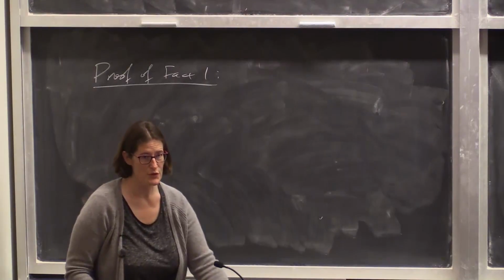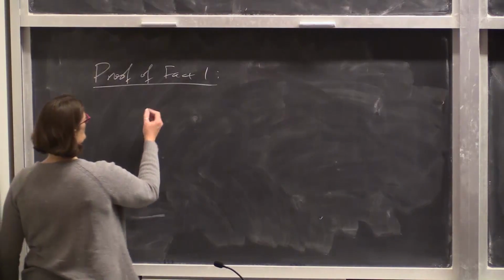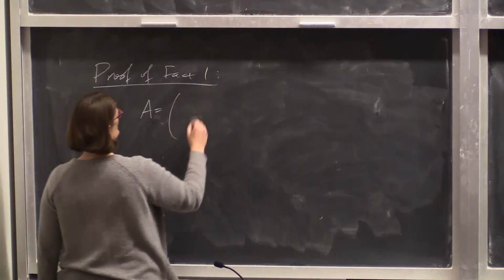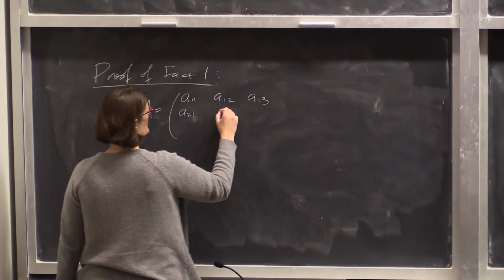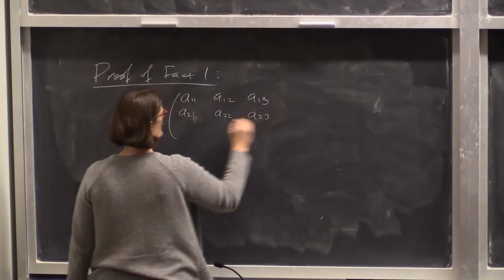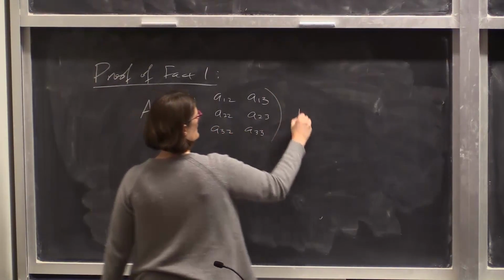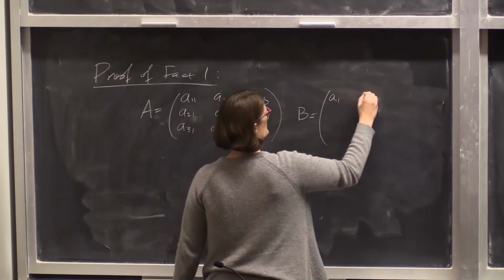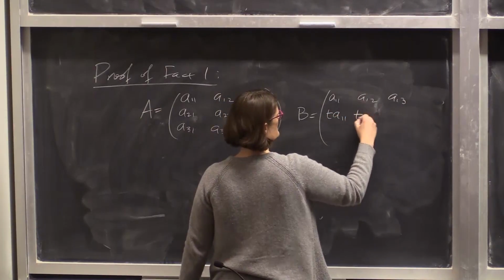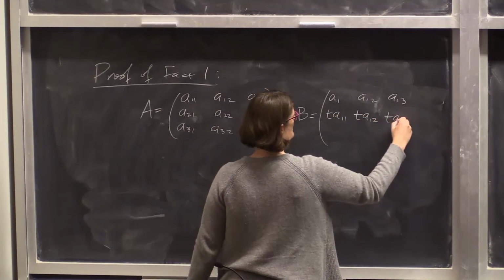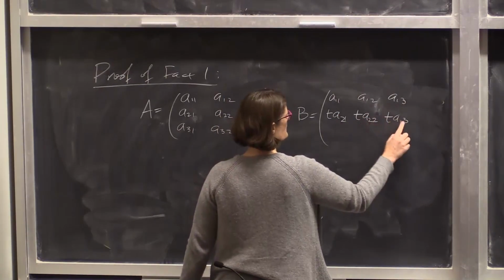Before I get to the proof, I want to explain to you how the proof should work. So I'll do a 3 by 3 case. A is A11, A12, A13, A21, A22, A23, A31, A32, A33. And B is A11, A12, A13, T times A21, T times A22, T times A23, A31, A32, A33.